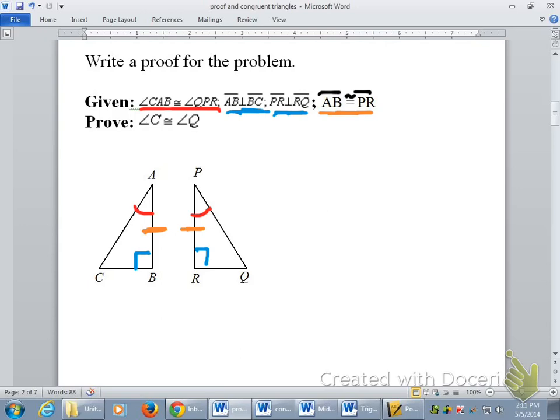So just take a step back and think for a second. Can you show me that C and Q are equal? All right. I know that C is equal to Q because I know that this first triangle is equal to the second triangle. How do you know the two triangles are congruent? Okay, so I know angle side angle is going to give me two congruent triangles. And then once I have congruent triangles, how do you know that C is congruent to Q?